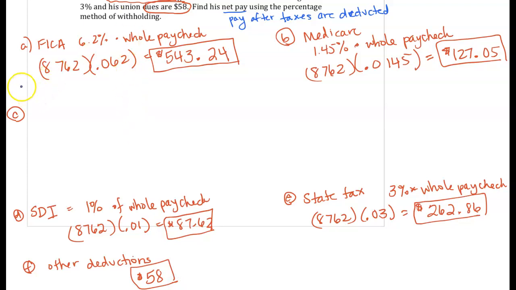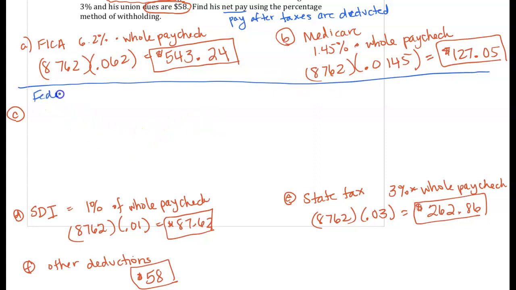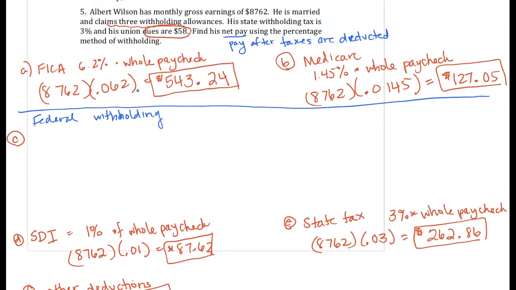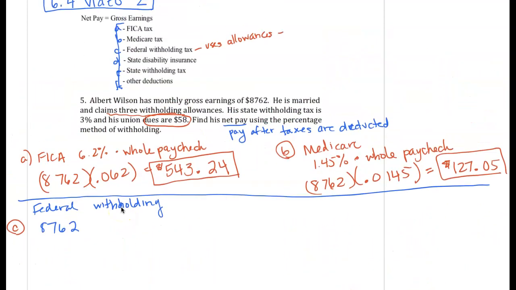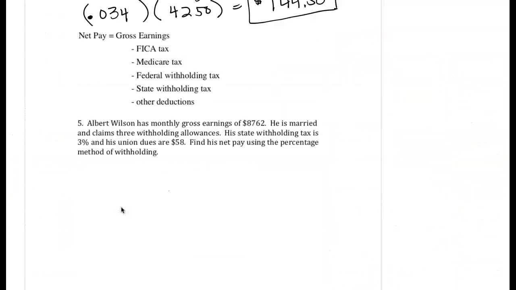Let me go back to Part C, and that was our federal withholding. With our federal withholding, we're going to first work on our allowances. So $8,762. And then each allowance when Albert is paid monthly, we're going to scroll back to that allowances table.